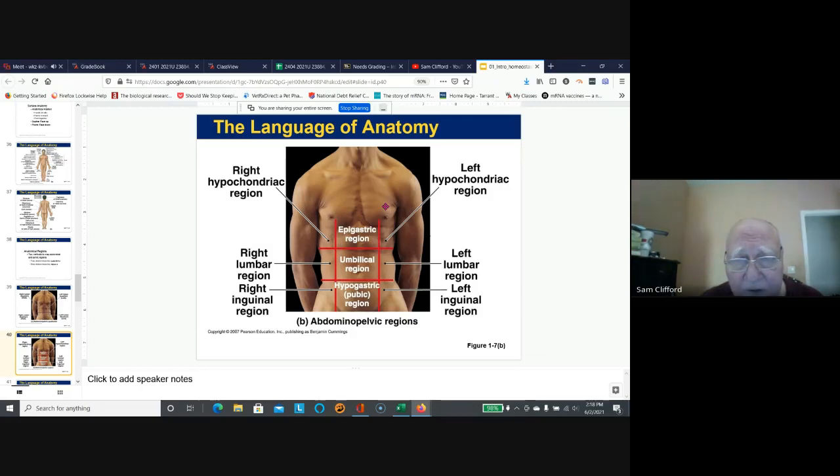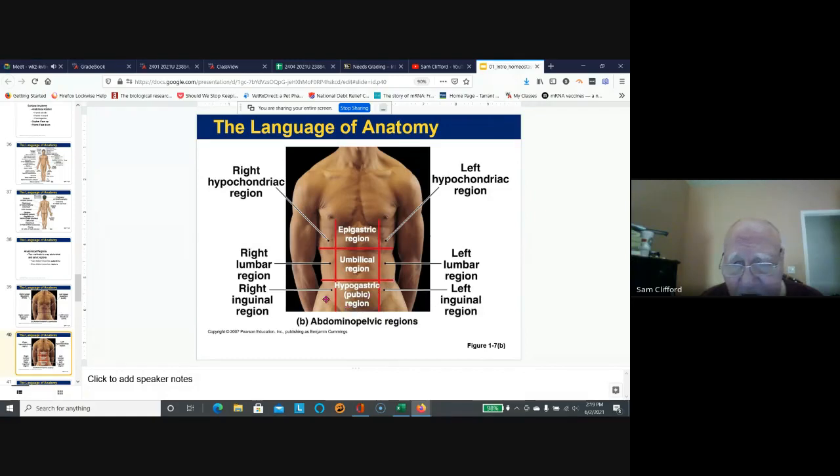Then we can further divide parts of the abdomen and pelvic region into the hypochondriac region, which is on top of the ribs. Epigastric is above the stomach. The umbilical region, right of the lumbar vertebrae, left of the lumbar vertebrae on the left side.